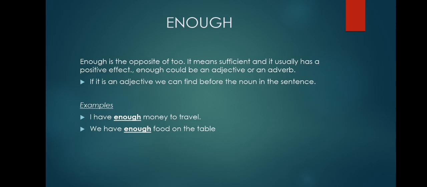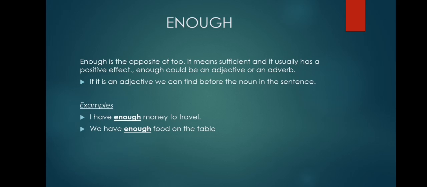Okay? I have enough, plenty of money. No credit card, no travel checks. We have enough food on the table. You have sufficient food, not plenty, okay? We are going to talk more about plenty, but now is the time for enough.